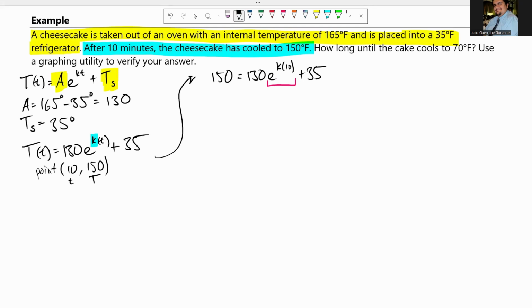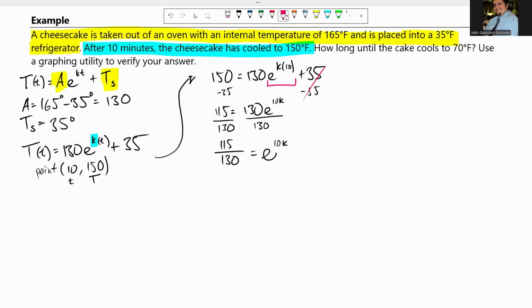Minus 35, minus 35. This is going to be 115 is equal to 130 e to the 10k. There's a multiplication in between, so divided by 130, divided by 130. 115 divided by 130 is equal to e to the 10k.